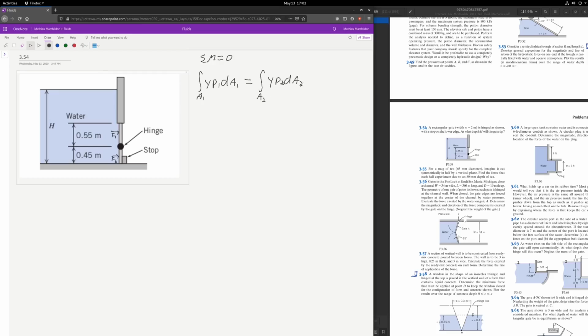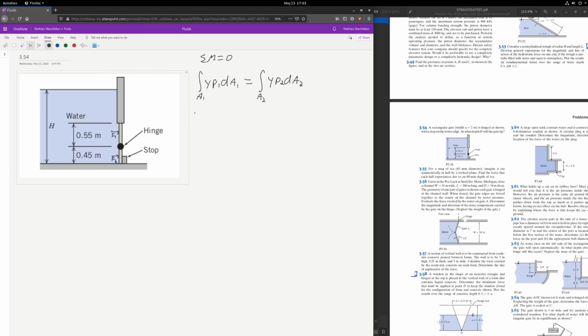So now if we look at this equation, it is essentially the sum of the moments equal to 0. What we have right here is a pressure times an area, which is a force, times the distance. We want both of these to be equal, which will be the balance point, which means that if we increase the height h, we will tip over this balance point.